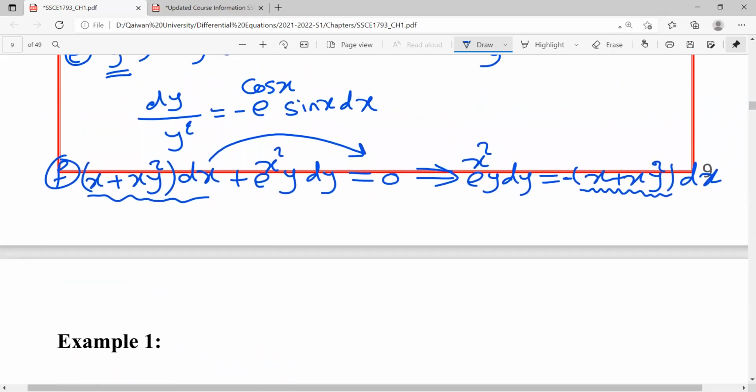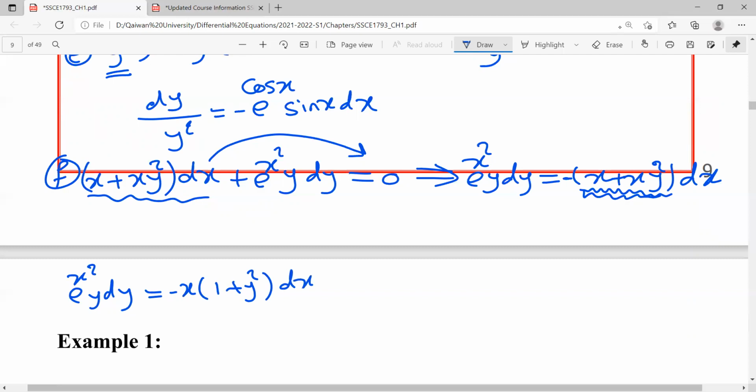If we take x as the common factor, what do we get? We get e to the power x squared y dy equals minus x times 1 plus y squared dx.